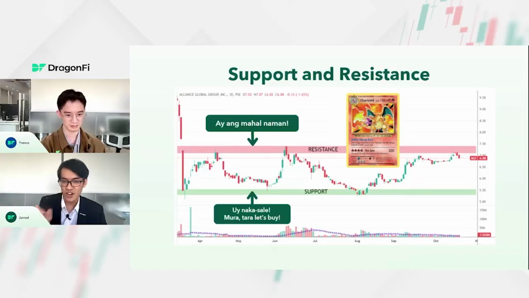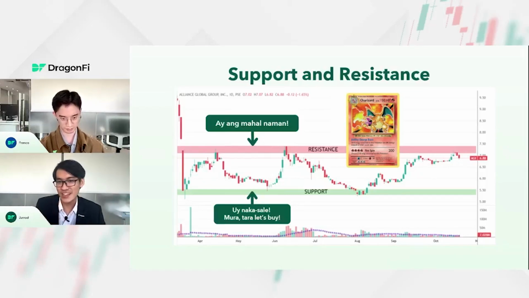So the Charizard card, they have a lot of collectors, right? Pokemon collectors, card collectors. So this is a very rare card and it has a lot of value. But of course, when you're a collector, you want to buy the Charizard card at the right price, right? So if it's too expensive, you won't buy it, di ba? Kasi too much, right? But if it's at the right price and you have the money, you will want to buy it.